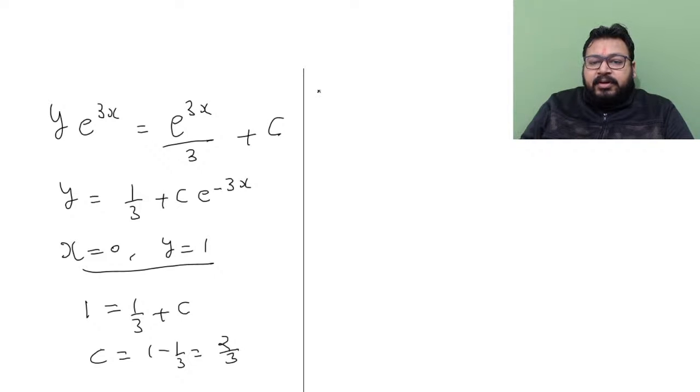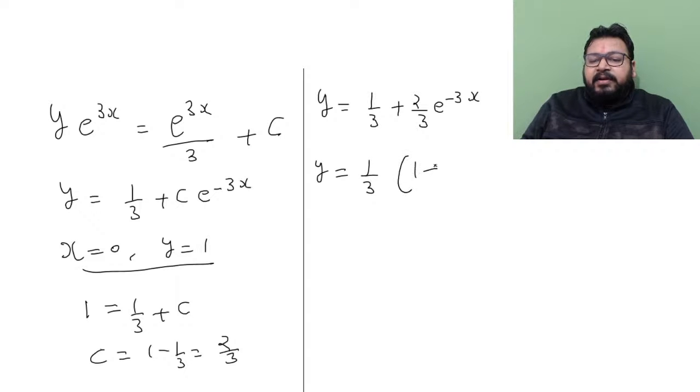So what is the equation now? It is y is equal to 1 by 3 plus 2 by 3 e to the power minus 3x. And if I take 1 by 3 common, then it will be 1 plus 2 into e to the power minus 3x.